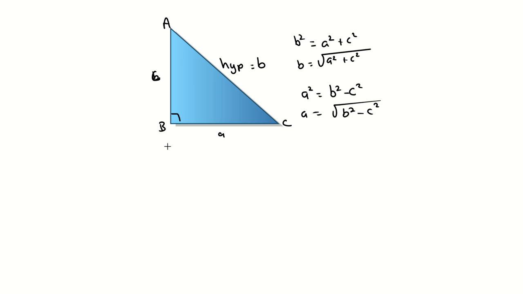Now, for SOHCAHTOA, which we should know how to do, right? For SOHCAHTOA, they would give you an angle. Let's say this is theta. B is my hypotenuse. If it is angle C, then side C would be my opposite.